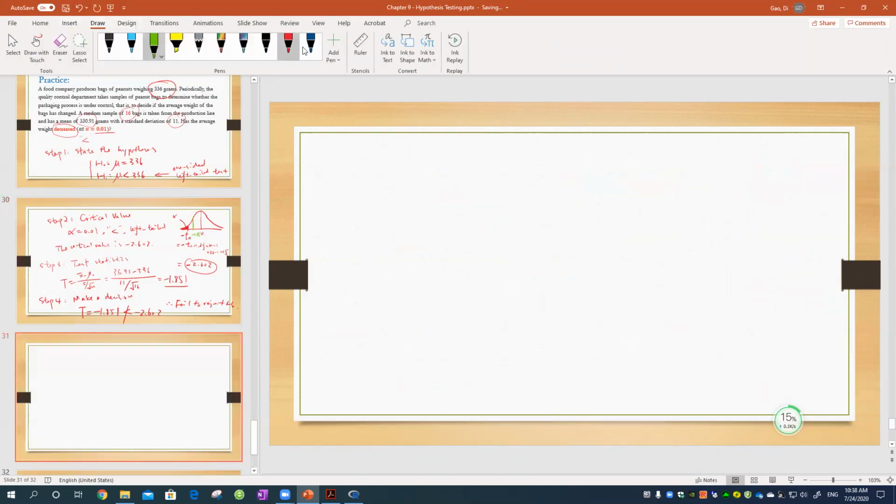Then we're going to look at the last one, step 5. So the decision is always in terms of H0, and step 5, the conclusion, is always in terms of H1. So when we fail to reject, we're going to say there is not enough evidence, because you fail to reject the null hypothesis, and then you're kind of in favor of that already. So we cannot support the claim.